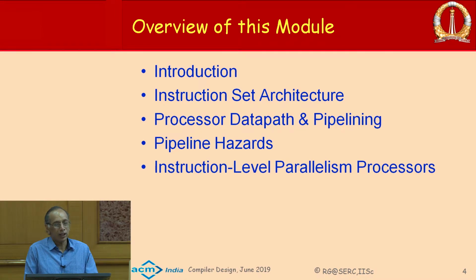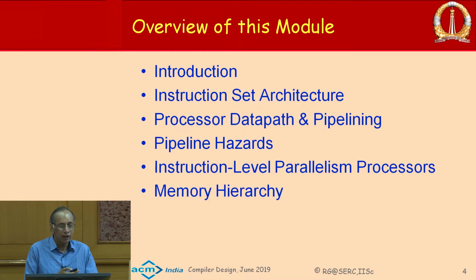And then subsequently I will talk about instruction level parallelism, because instruction scheduling is essentially a technique to expose instruction level parallelism to the architecture. So in order for us to understand that, we will very briefly talk about instruction level parallelism processors, right. And I will stop with that for today, as far as the machine architecture module is concerned.